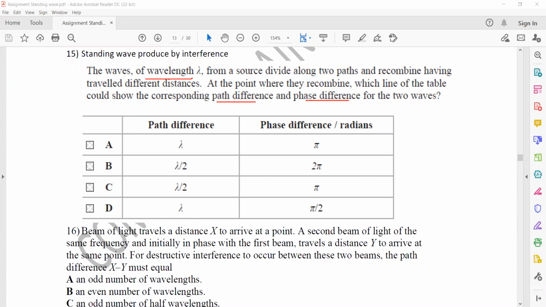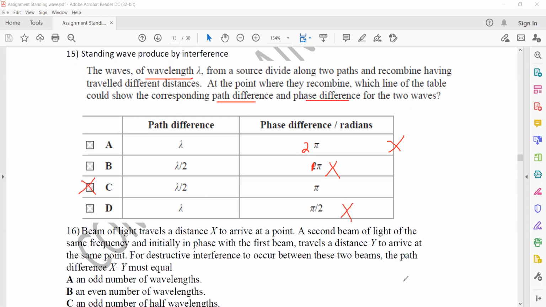So which line has the corresponding path difference and phase difference? If the path difference is lambda, then the phase difference will be 2 pi radians, so it cannot be A. If the path difference is lambda by 2, then the phase difference should be pi only. So C is the right answer.